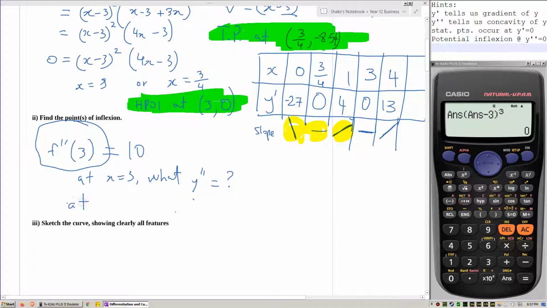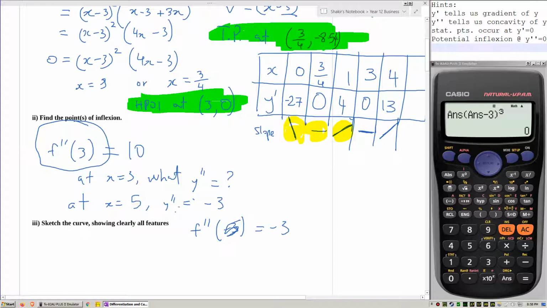Now, if at, let's say, x equals 5, we found that y double dash was equal to negative 3, in other words f double dash at 5 was equal to negative 3, then at the point x equal to 5, the curve is concave down, because y double dash is negative at that point.